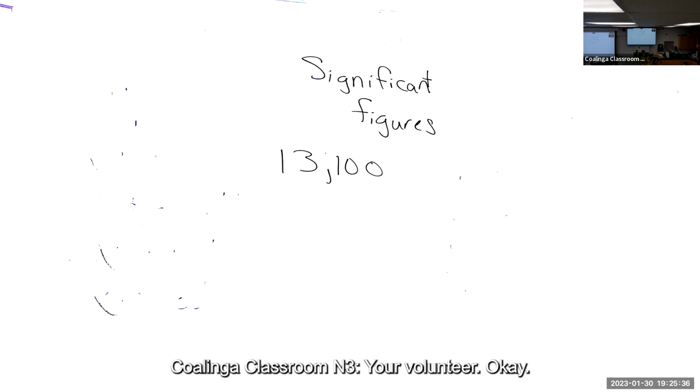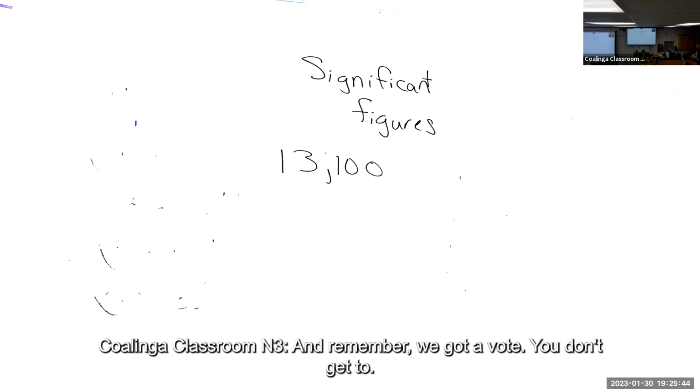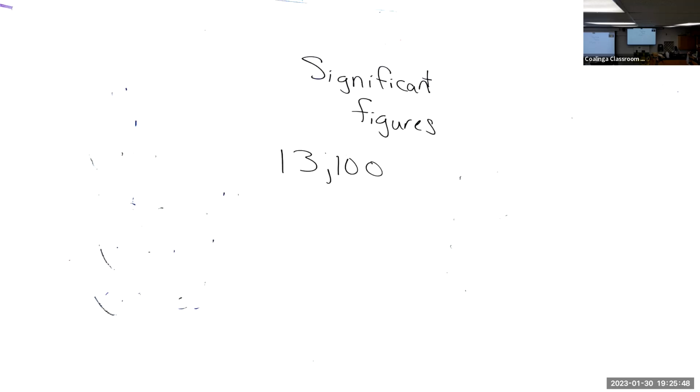You're going to volunteer? Okay, do you guys all agree? Those who agree, raise your hand. And remember, you gotta vote. You don't vote, you get zeros automatically. Okay, those who disagree, raise your hand.